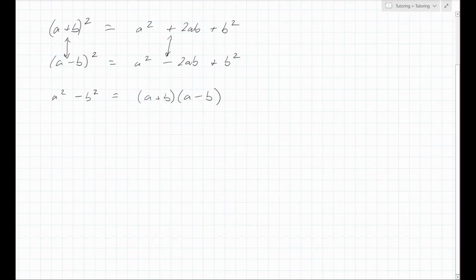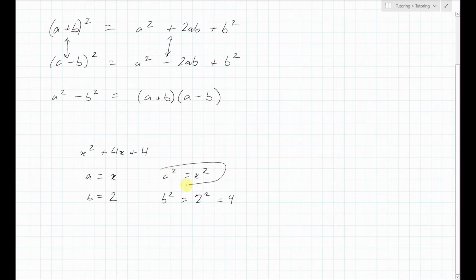So let's apply these to some practical problems. Let's say we have x squared plus 4x plus 4. Now for this one, we can say a is x because a squared is x squared, and b is 2 because b squared is 2 squared, which is 4.